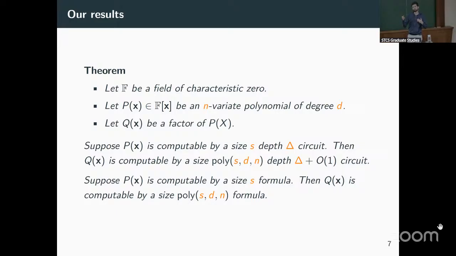But it turns out that for sparsity, this is not true. There are examples where the factor can have super-polynomially many monomials more than the initial polynomial. But in these models, like formulas, constant depth circuits, branching programs, and also the class VP, they are all closed under factorization.